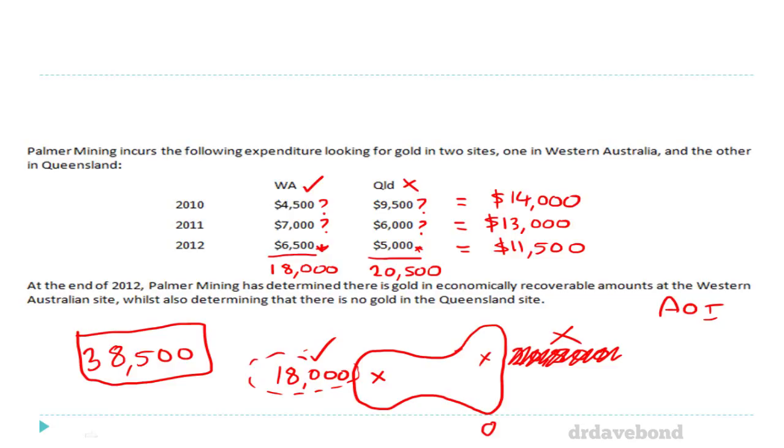Now, why this is important is there is another method which isn't allowable, but you'll see it if you look at your textbook, they talk about it. It's called the full cost method. What that's basically saying is, we don't just look at these as separate things, we look at this in totality. So we have spent $38,500 looking everywhere for stuff. As long as we find something somewhere, as long as we are still looking somewhere, we can roll all of that as an asset.